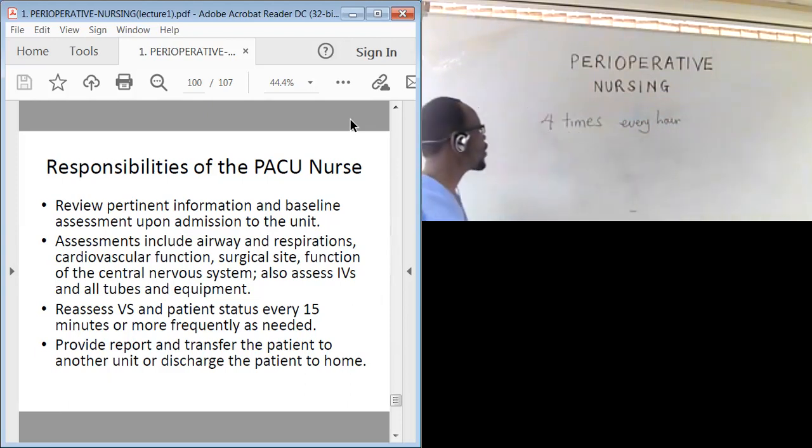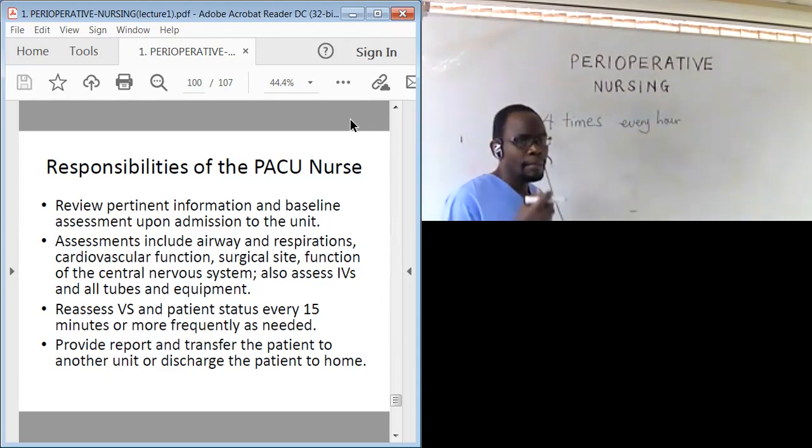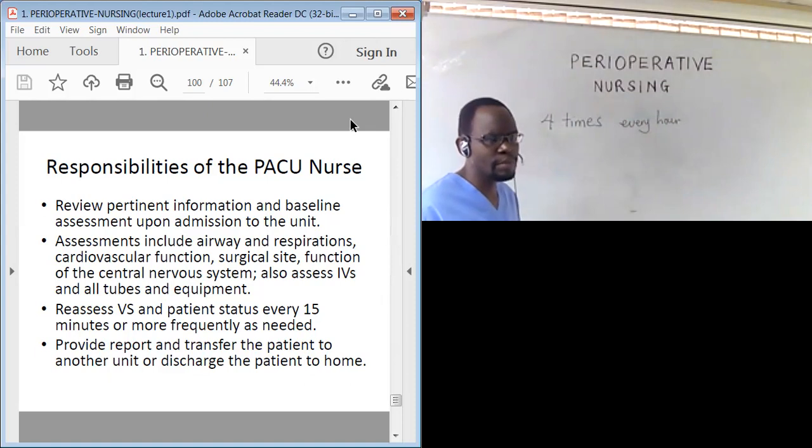That basically means 4 times every hour, that is, every 15 minutes. But as the patient goes on improving, then you can do 4 times every 4 hours.